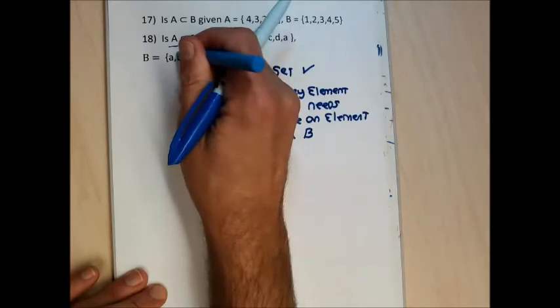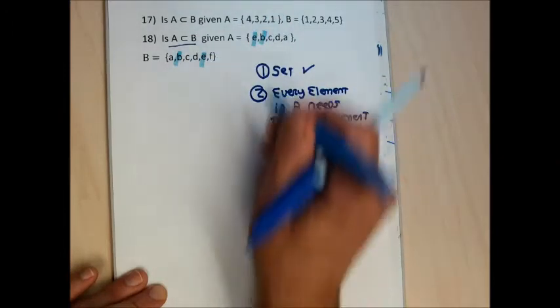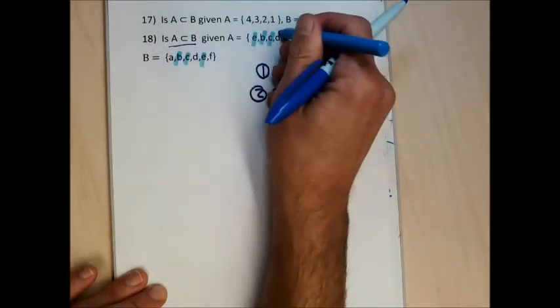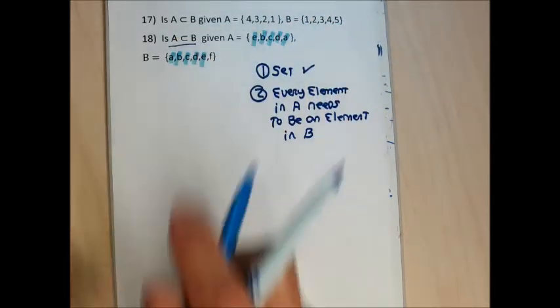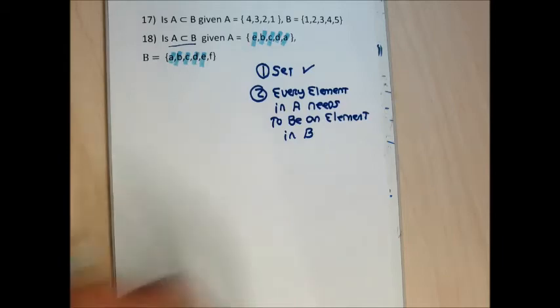There's a B in A, there's a B in B, that's not a problem. There's a C and a C, a D and a D, an A and an A. Every element of A is in B, so rule 2 is satisfied.